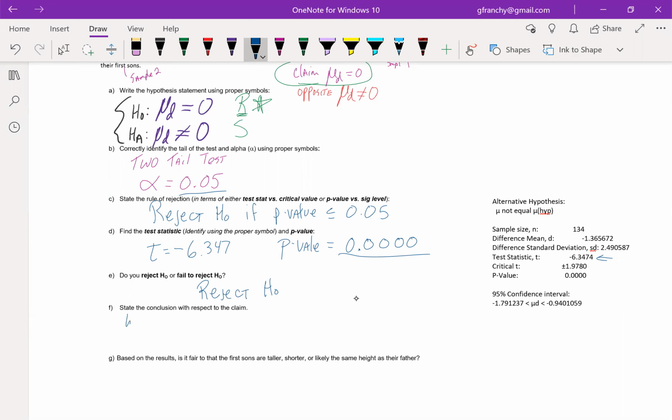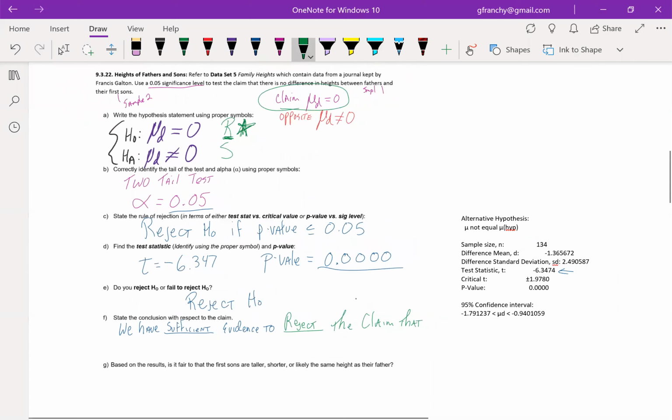And when we reject the null hypothesis, that means that we have sufficient evidence to, and either the word reject or support is going to go in there, and that is a function of what happens up in our hypothesis statement. Which part of the hypothesis statement represents the claim? It's the null hypothesis. We noted the R. R is for reject.